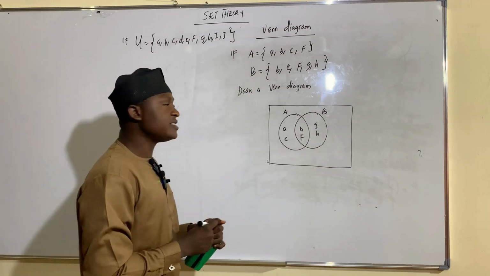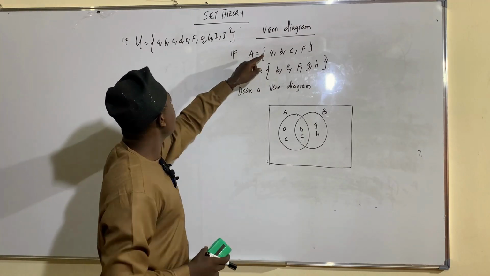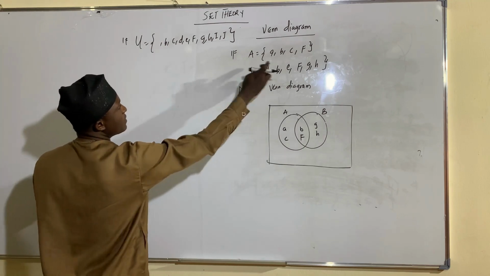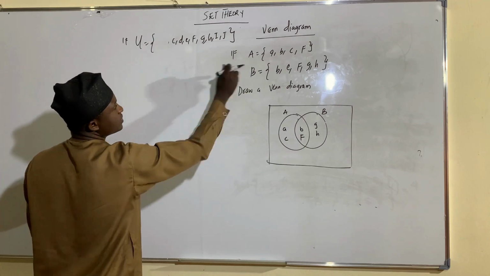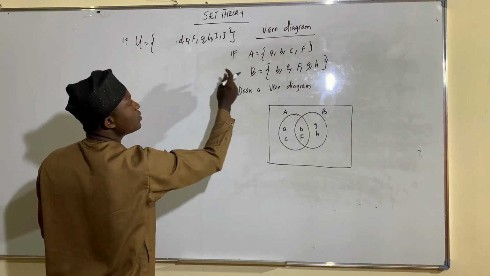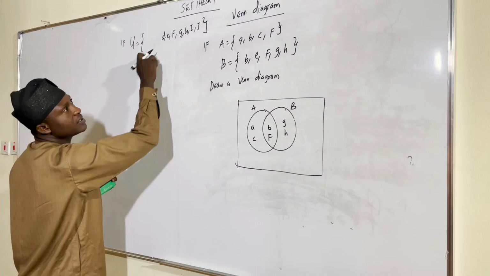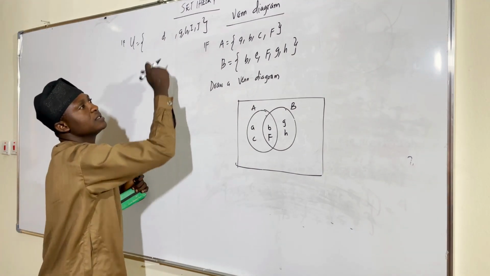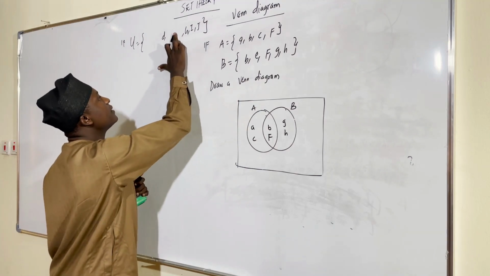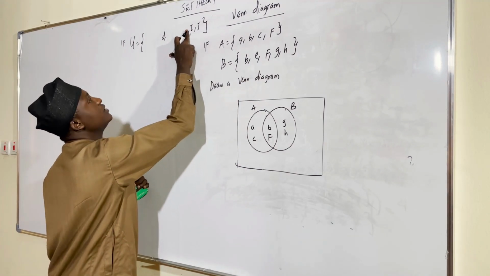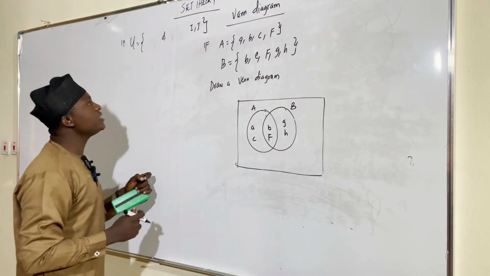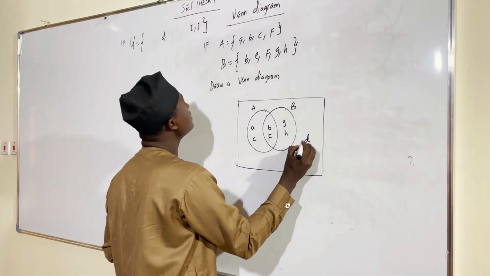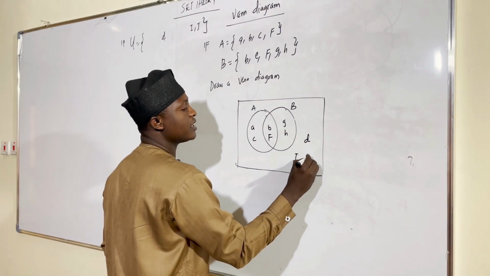So assuming you look at sets A and B, there is A. We have B. There is C. There is no D. We have E. There is F. At the same time, we have G. We have H also, but there is no I and J. So these three elements will be placed outside the two sets. That means I can have here D, I, and J.